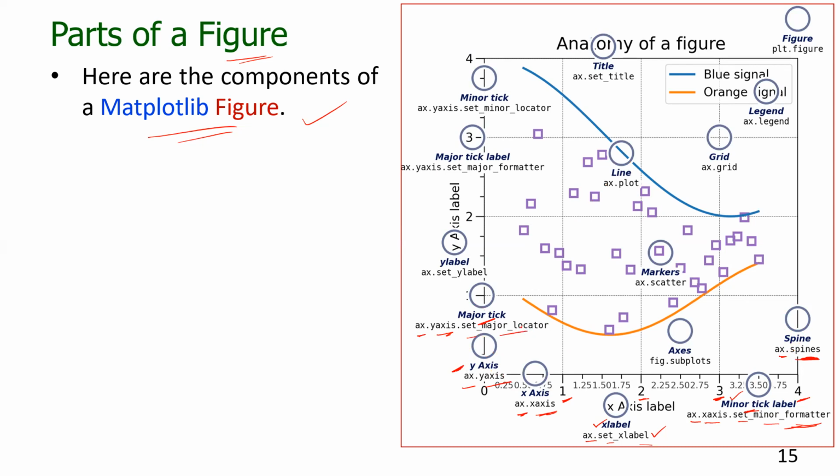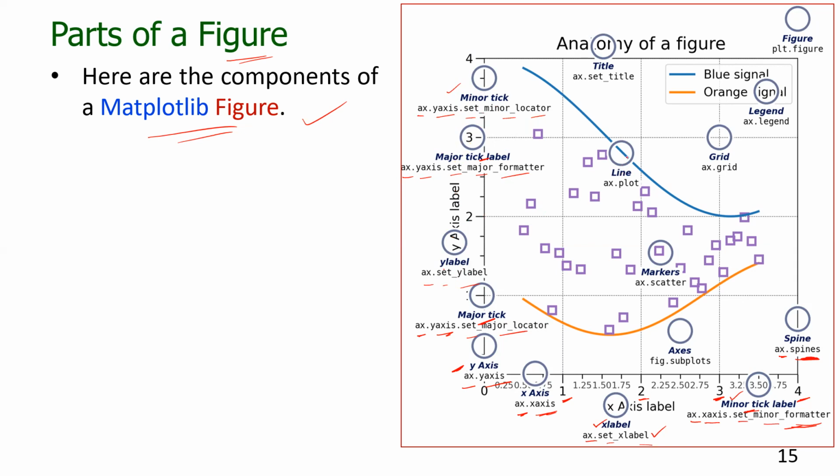If it is minor, set_minor_formatter, for x-axis or y-axis, whichever. Then for the y label, ax.set_ylabel. Then major tick labels for the y-axis, ax.yaxis.set_major_formatter. Similarly, for the y-axis minor tick mark, ax.yaxis.set_minor_locator.